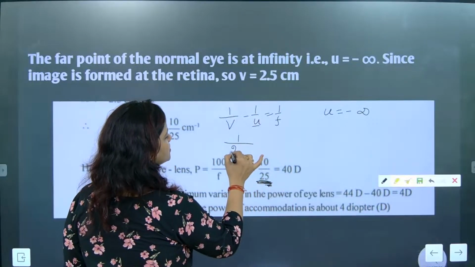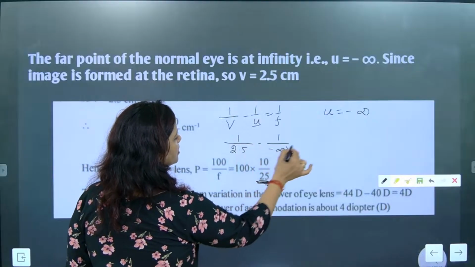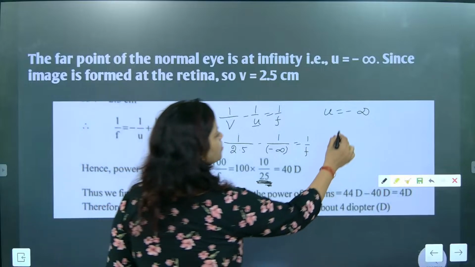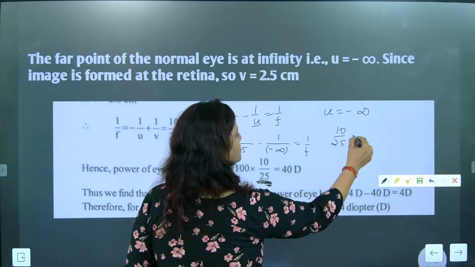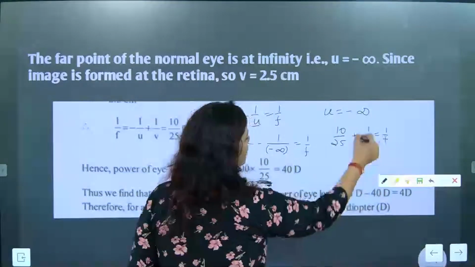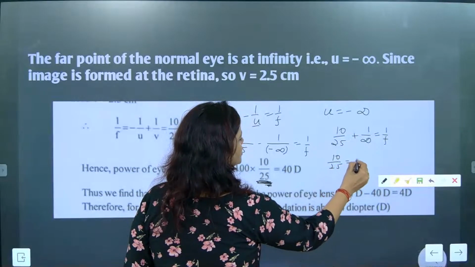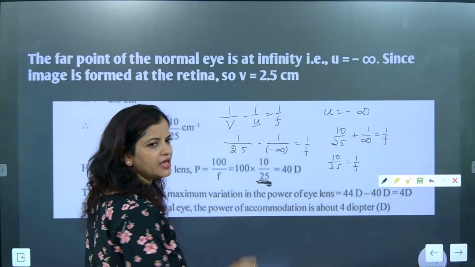And this distance is 1 by 2.5 minus of minus infinity is equal to 1 by f. Minus will become plus. So 2.5 is 10 by 25 plus 1 by infinity, and 1 by infinity is 0. So 10 by 25 is equal to 1 by f.